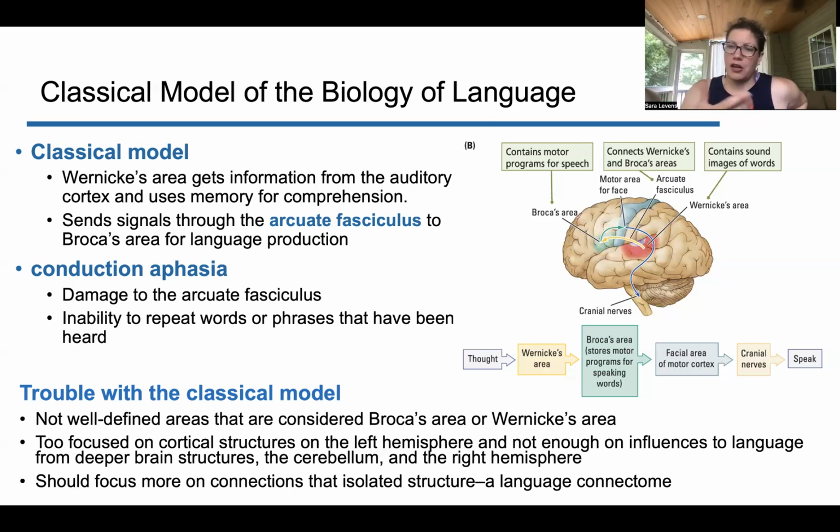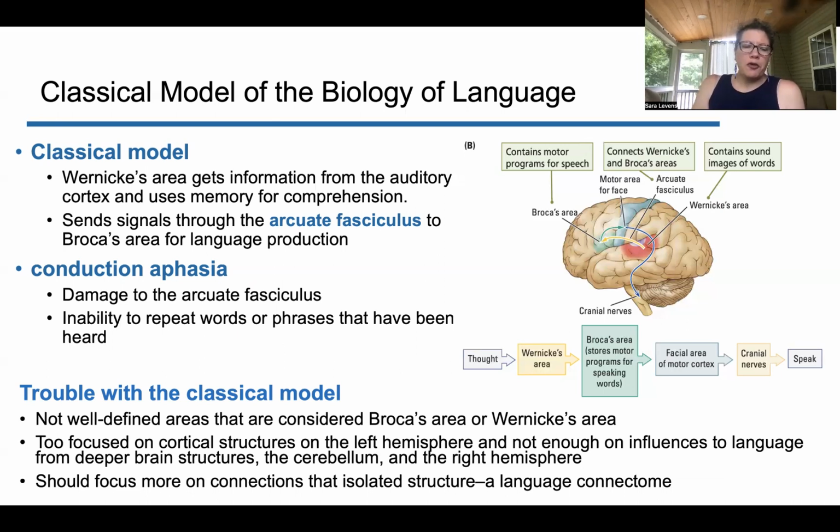And a lot of that is not really shown to be too relevant in the present day. So people are saying there are some challenges here, because the areas that, as I mentioned earlier, are considered Broca's and Wernicke's are not well defined anatomically. If people are using slightly different areas in terms of how they're defining Broca's and Wernicke's, that really matters a lot.